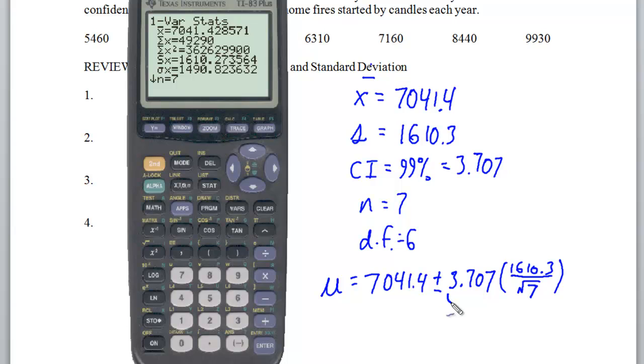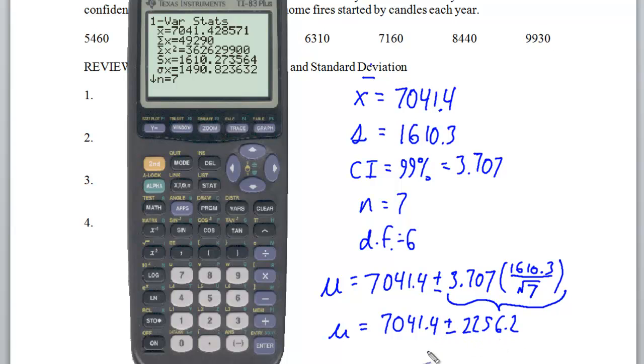Okay, now if I compute this on my calculator, which I will assume that you can do, you'll get a rounded answer of 2,256.2. Your population's average is going to be 7,041.4 plus or minus 2,256.2.